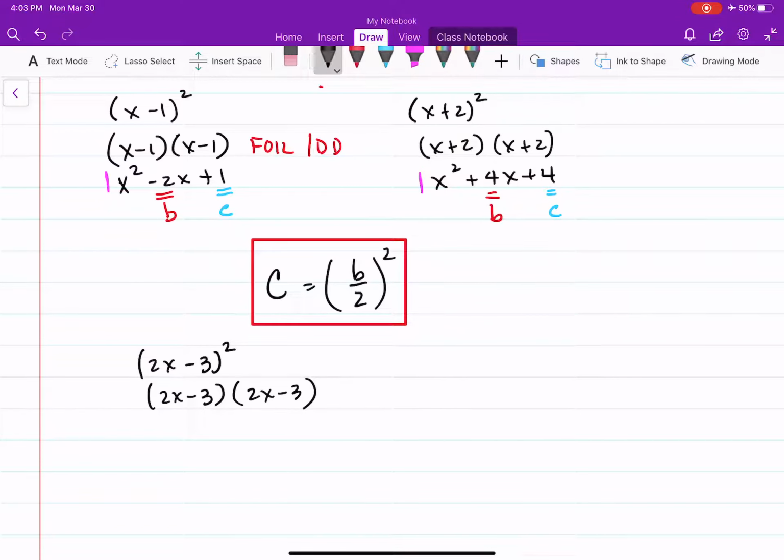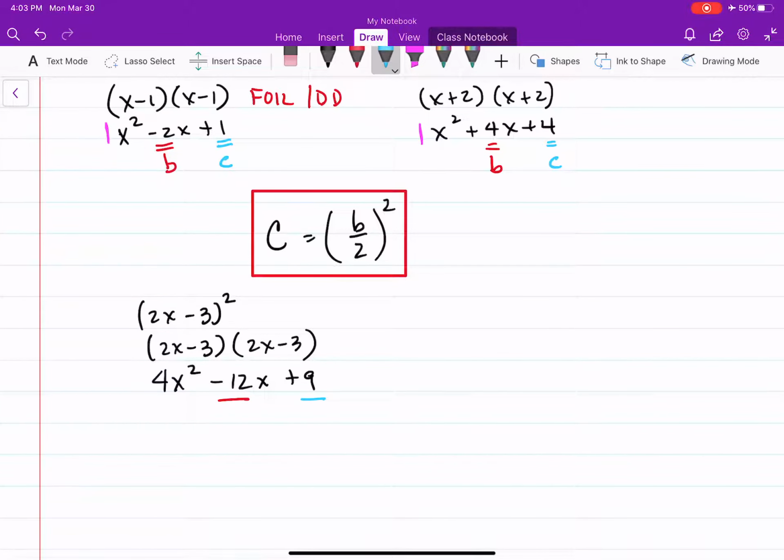That's going to give me 4x squared minus 12x plus 9. Notice that the b and the c do not have this relationship, because if you take the b divided by 2 and square it, it's going to give you 36. So it doesn't work that way. However, if I was to make this a 1, then it would work.